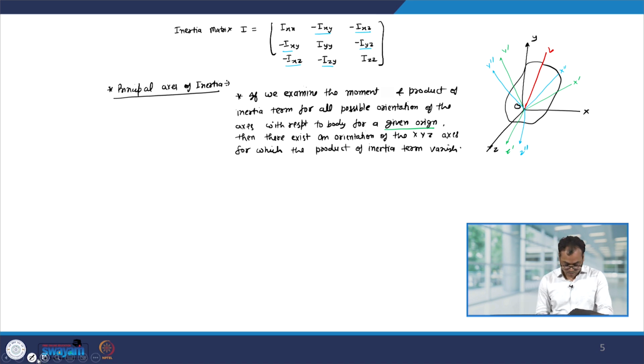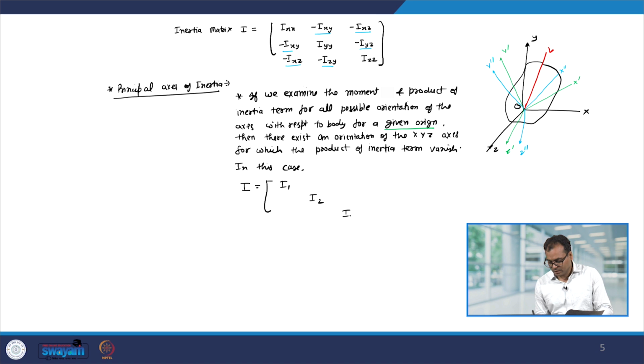So, that means for that particular orientation we have the inertia matrix I equal to Ixx, let me call it I1, Iyy and Izz for that new orientation, and there will not be any product of inertia term.